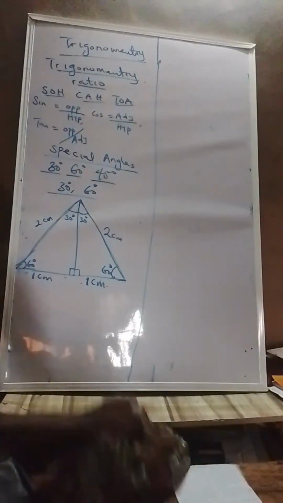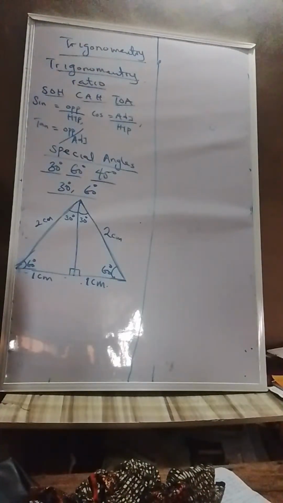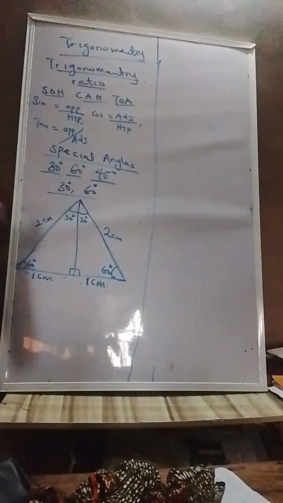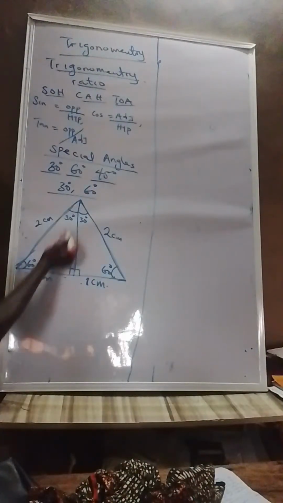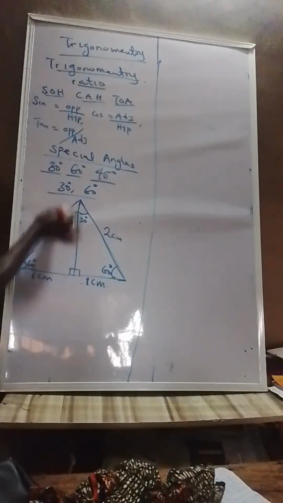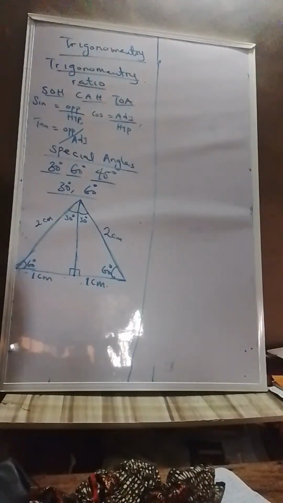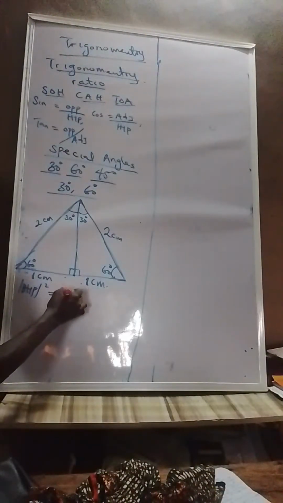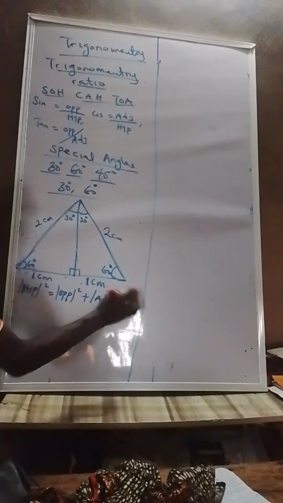In this kind of triangle, we are going to produce this. And take note that if we are solving this kind of question, what we need is that we should prove. Now, before we prove, we find what is here. This line. And according to what Pythagoras theorem says, hypotenuse squared equals opposite squared plus adjacent squared.